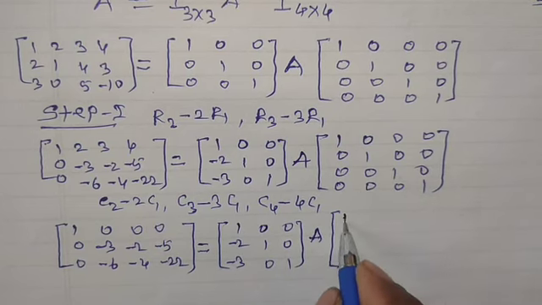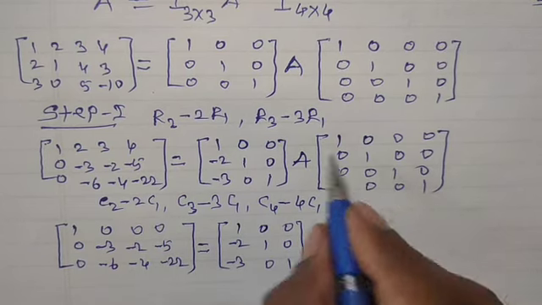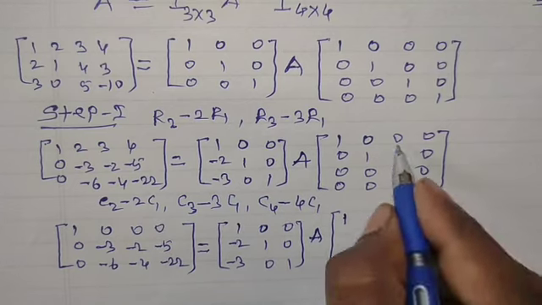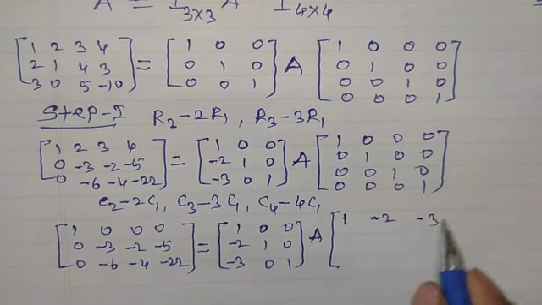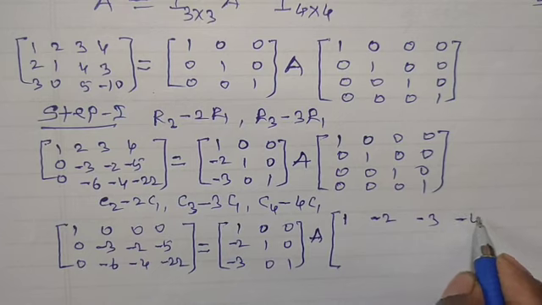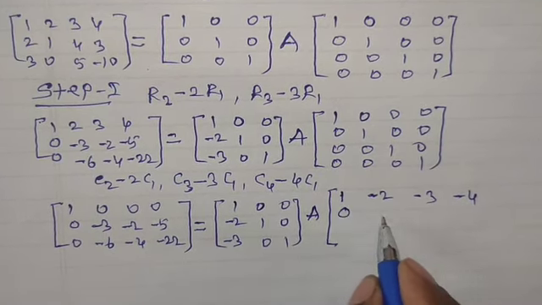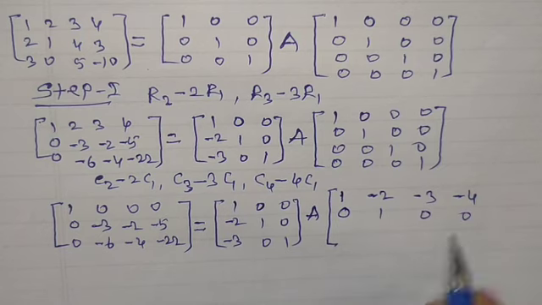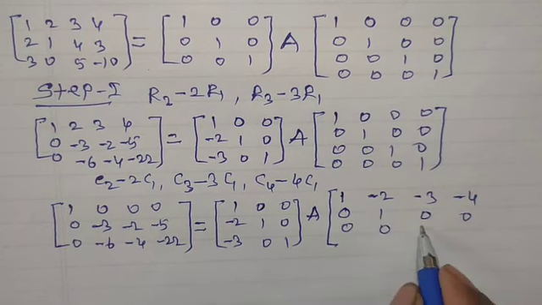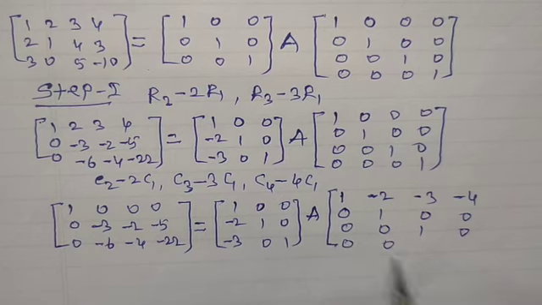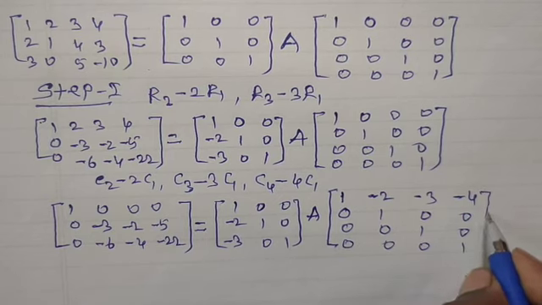Okay, 1, C2 minus 2 C1, 0 minus 2 minus 2, 0 minus 3 minus 3, and 0 minus 4 minus 4. Remaining rows as it is, 0 1 0 0, 0 0 1 0, 0 0 0 1.